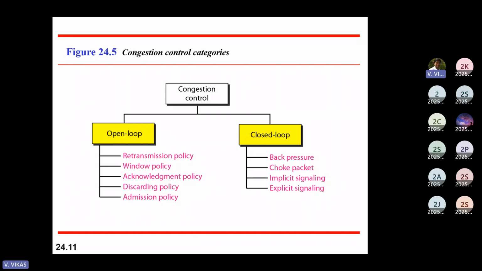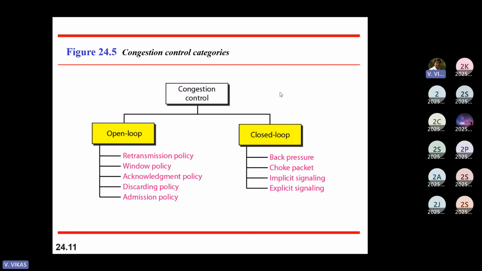And acknowledgement policy also we discussed, how you are trying to regulate the generation of acknowledgements. In case you feel congestion is there in the network, you just try to slow down your acknowledgements, so that the source can also reduce the speed. Then when we talk about discarding policy, if you remember, we said whenever a router receives multiple packets, I can discard some of the audio transmission packets, because audio is less sensitive to this.